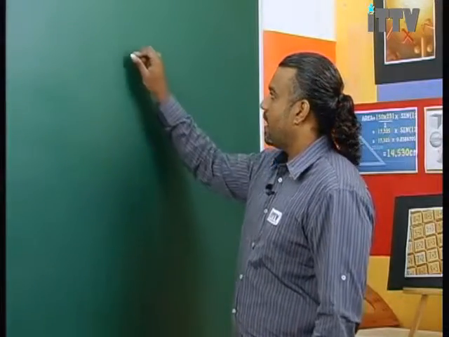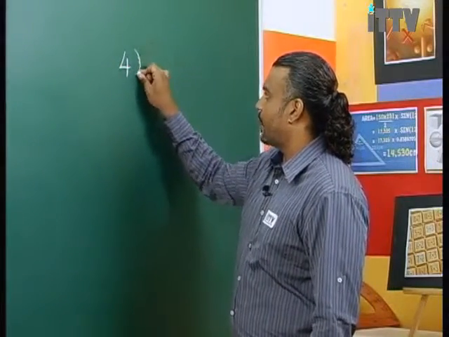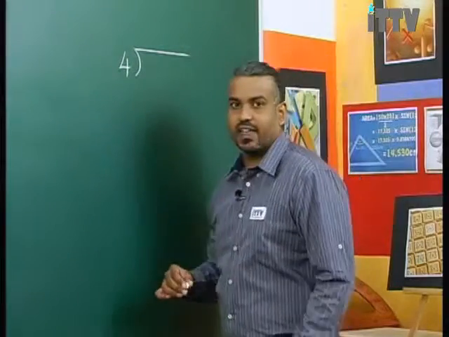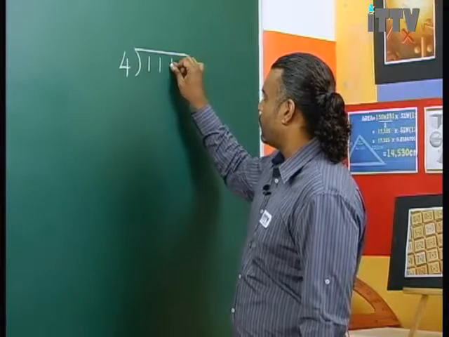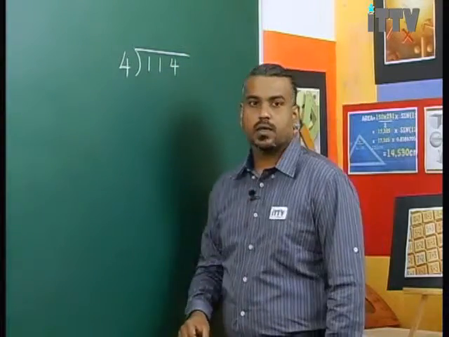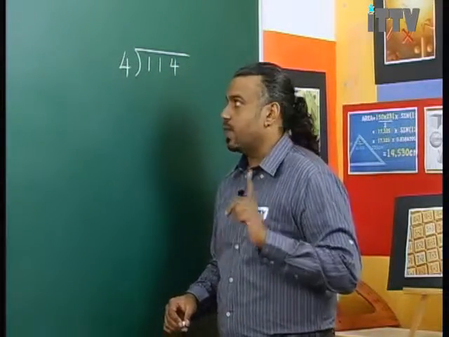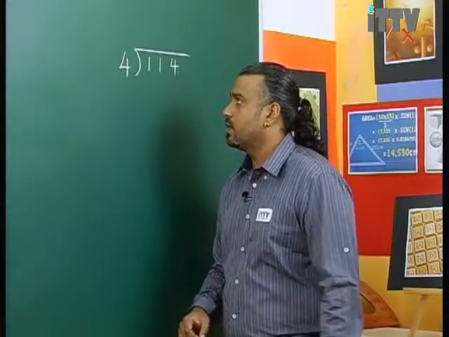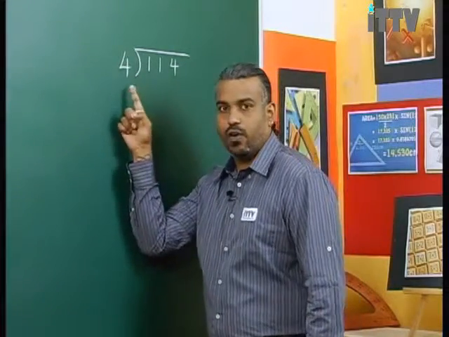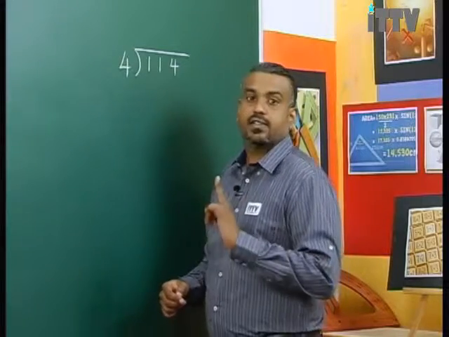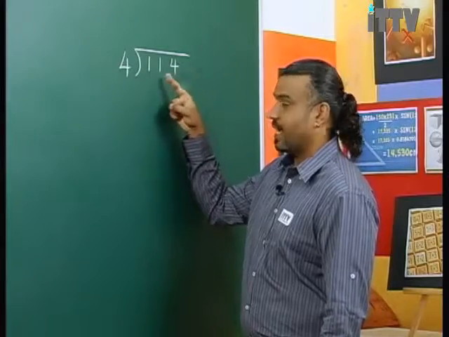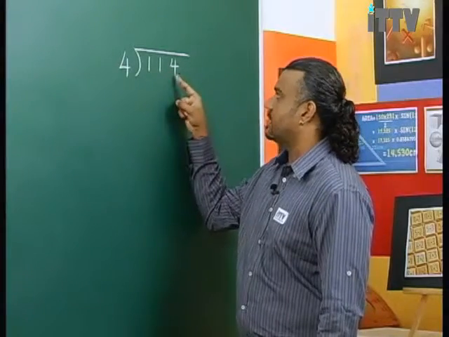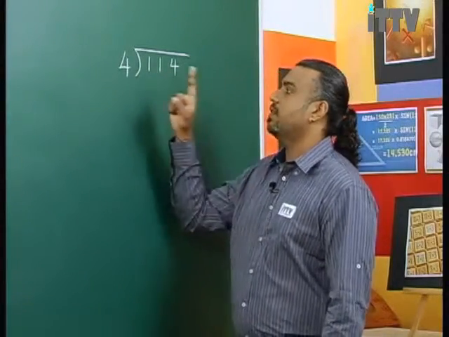Now students, in this next example, I want to pick the divisor 4. Let's think of a dividend here. What about 114? According to the table that we discussed earlier, if we have the divisor 4, you have to pay attention to the last 2 digits, and the last 2 digits should be divisible by 4.